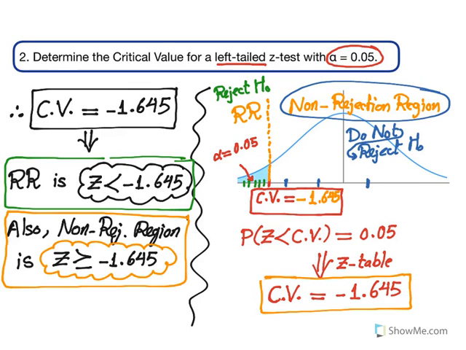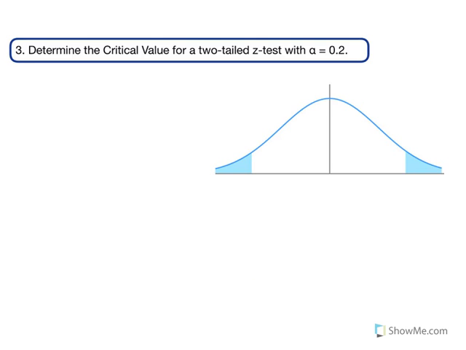So let's go to the last part of this, which is a two-tailed test. So now we have a two-tailed Z test. So traditional method, or Z value method. And we need to find the critical value, and our level of significance is 0.2. But remember, this level of significance, this alpha, is the area of the rejection region.